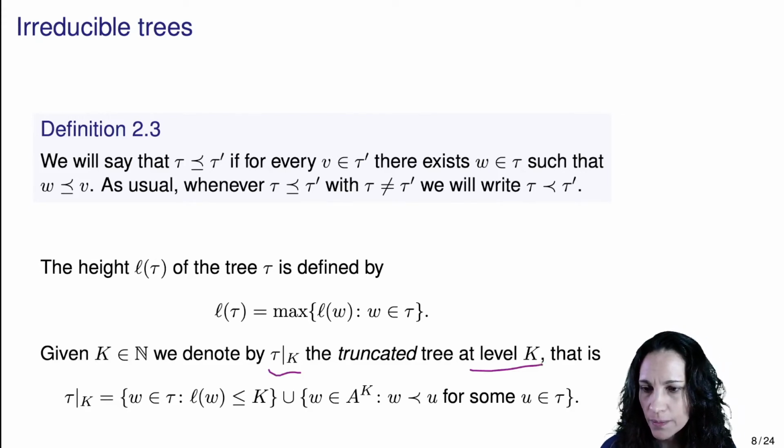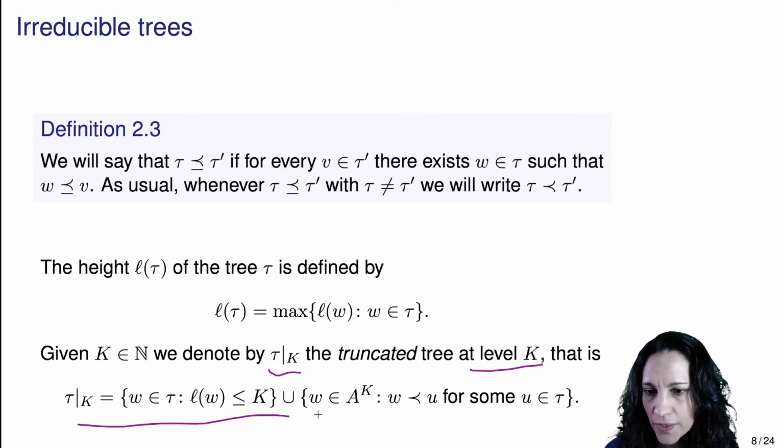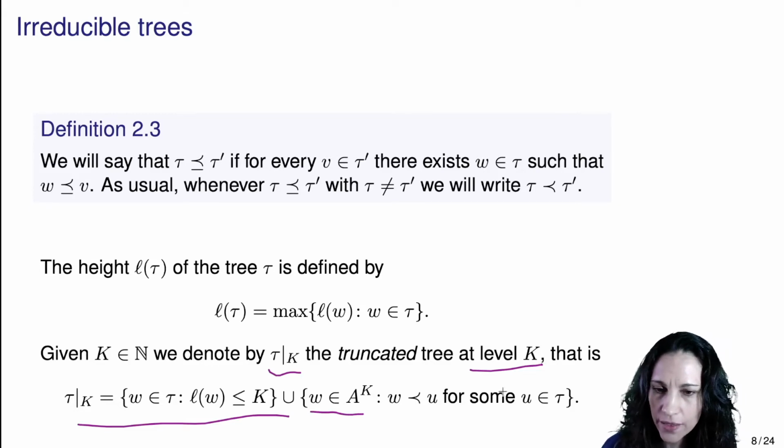This is given by this set here. So observe that in this tree truncated to level k, we put all the sequences that belong to tau and have length smaller or equal k, plus the suffixes of length k of sequences in tau that have length greater than k.